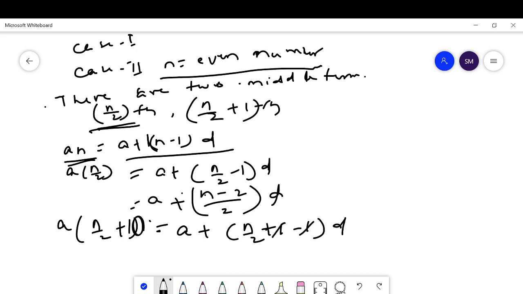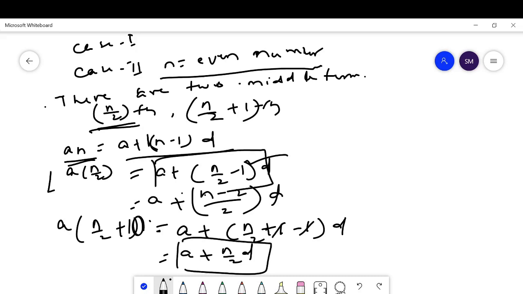Then the 1 cancels, and the term is a plus n upon 2 into d. So the two middle terms are found here. When n is an even number, these two terms are the first term and the second term. Let me share the board to recall case 1.